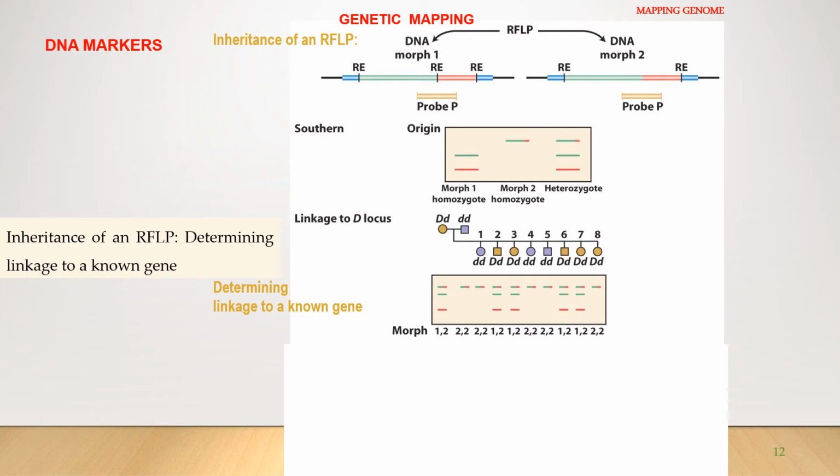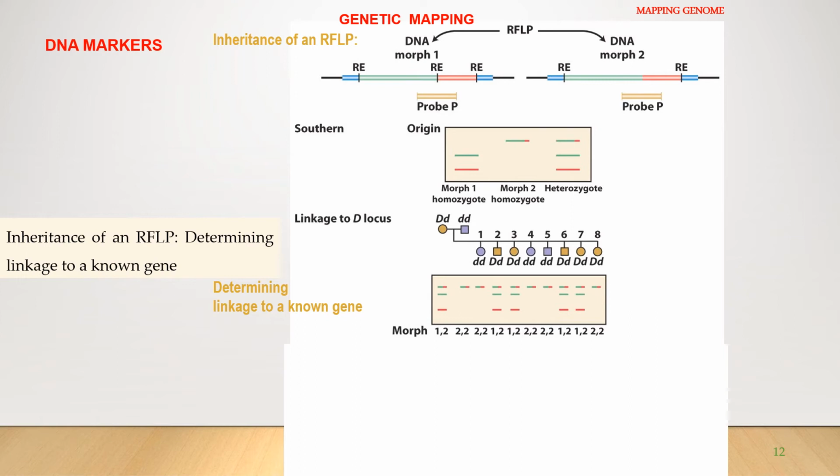The second well shows the profile of the father. Here, only one band is seen. It shows that the alleles at both the loci are for morph 2.